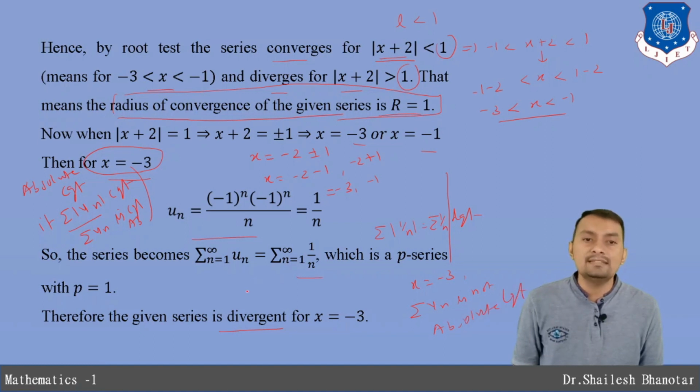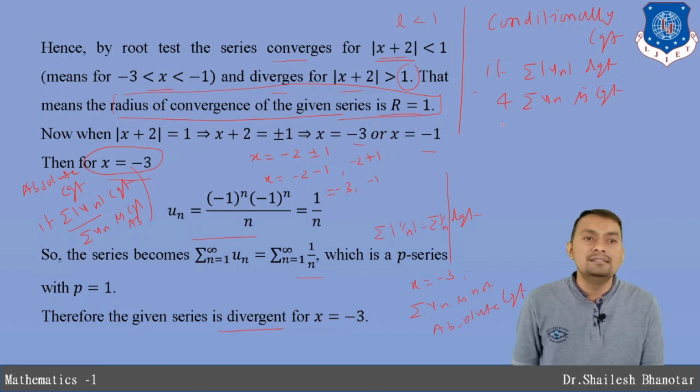Now let us see whether the series is conditionally convergent. The answer is no, because this series itself is divergent. Conditionally convergent says that if the series of absolute values of u_n is divergent and the series u_n is convergent, then we can say that the series u_n is conditionally convergent.